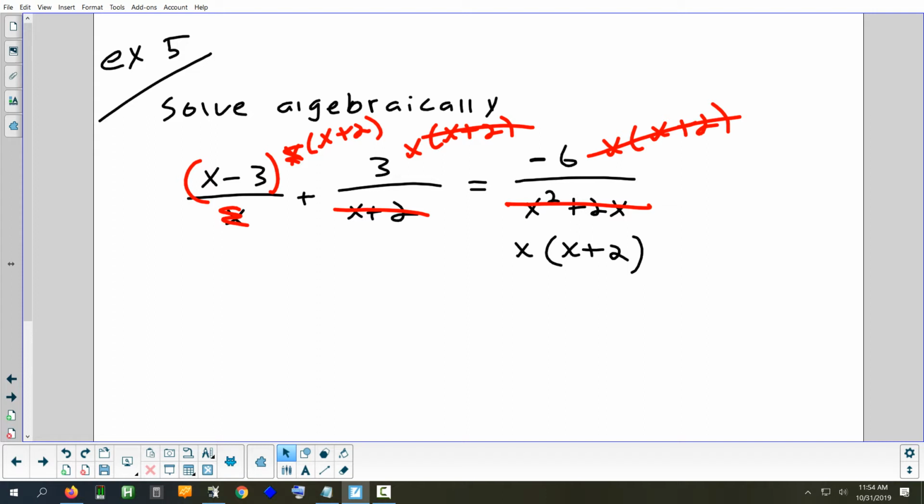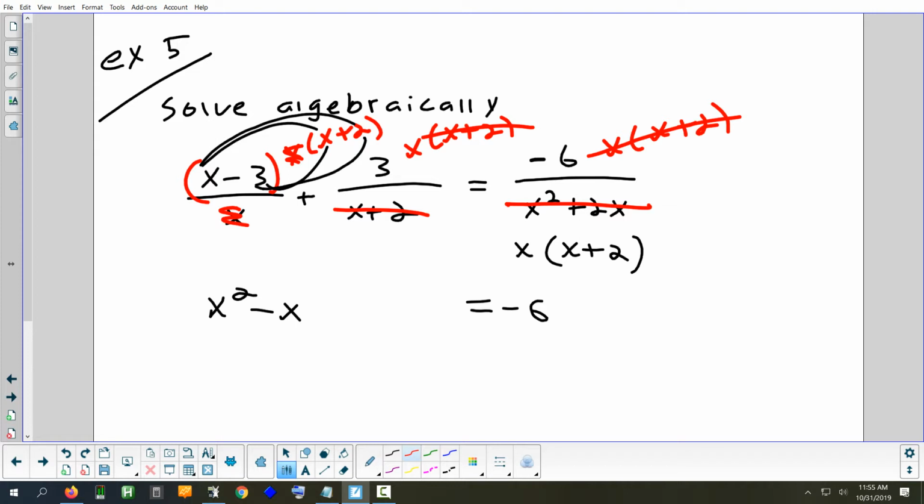Okay, so now we've got negative 6. Now on the left here, we have to FOIL that. Don't forget the distributive. X times x gives me x squared. X times 2? 2x. What's 2x minus 3x? Negative x.